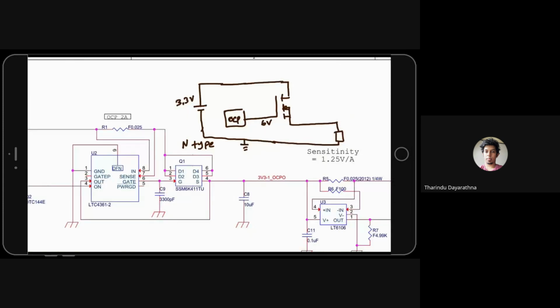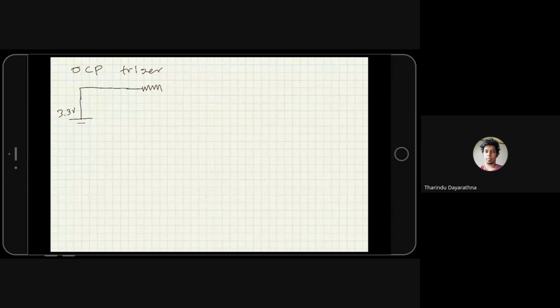That is the shunt resistor, this one. Okay, a very small value, like you can see 0.025. Then I will draw the MOSFET like this. I will not draw the complete circuit. I will draw the MOSFET in this orientation.